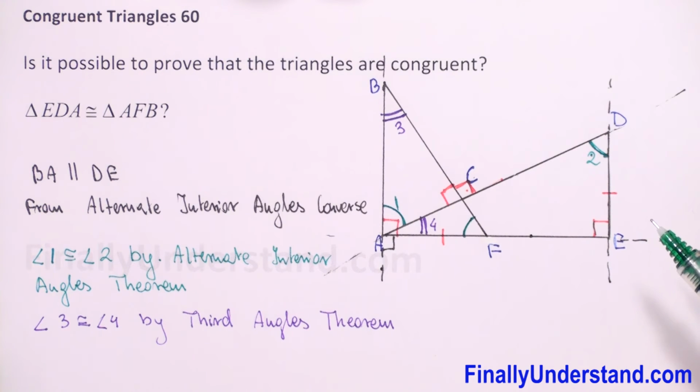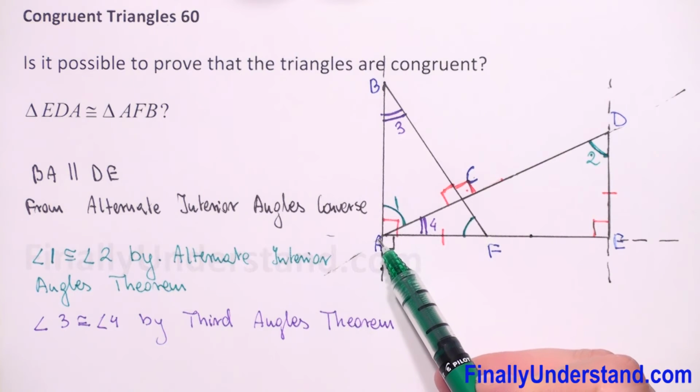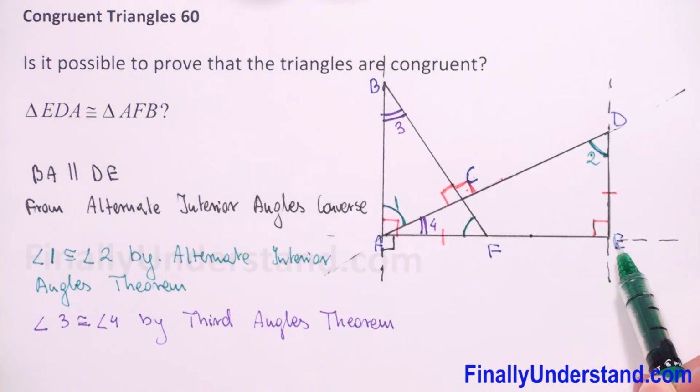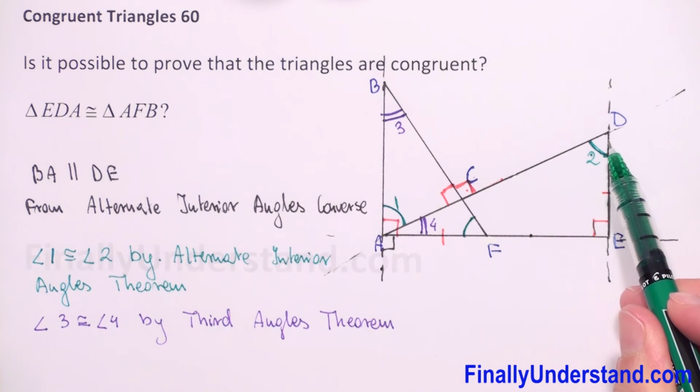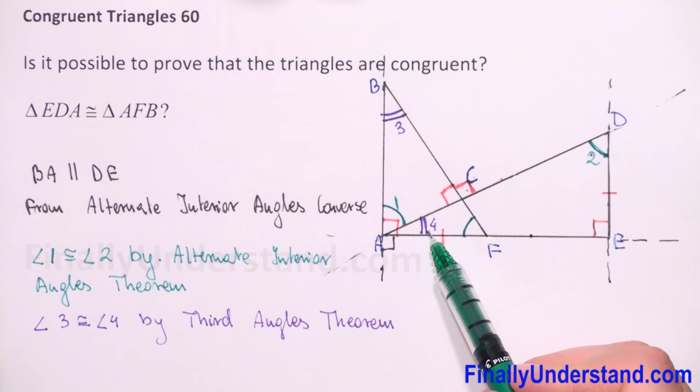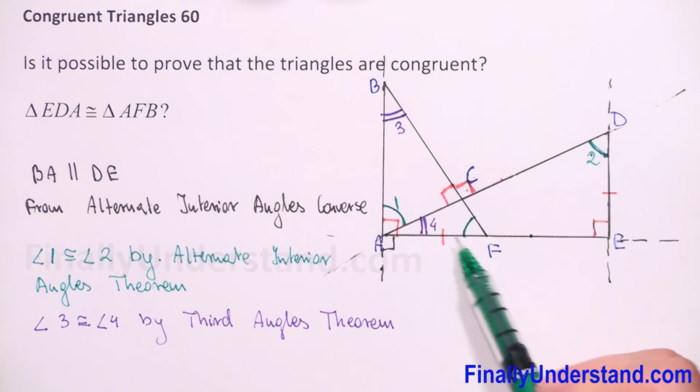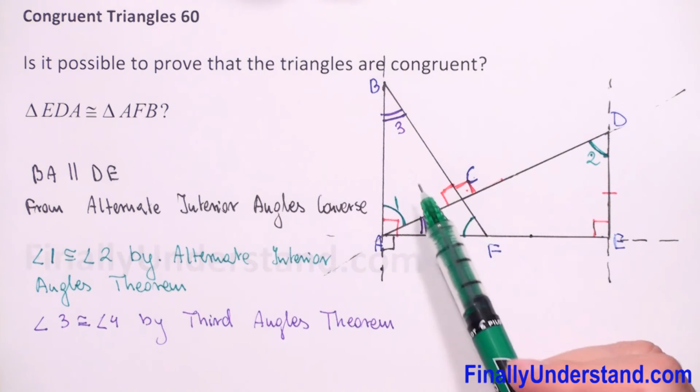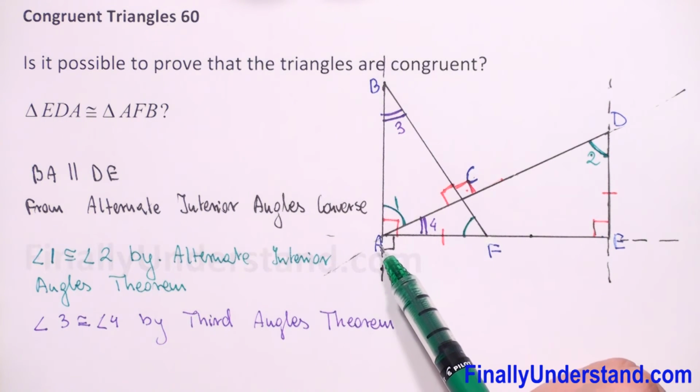Why? Because we have that in triangle AFD, angles 4 and E are congruent to triangle AFB.